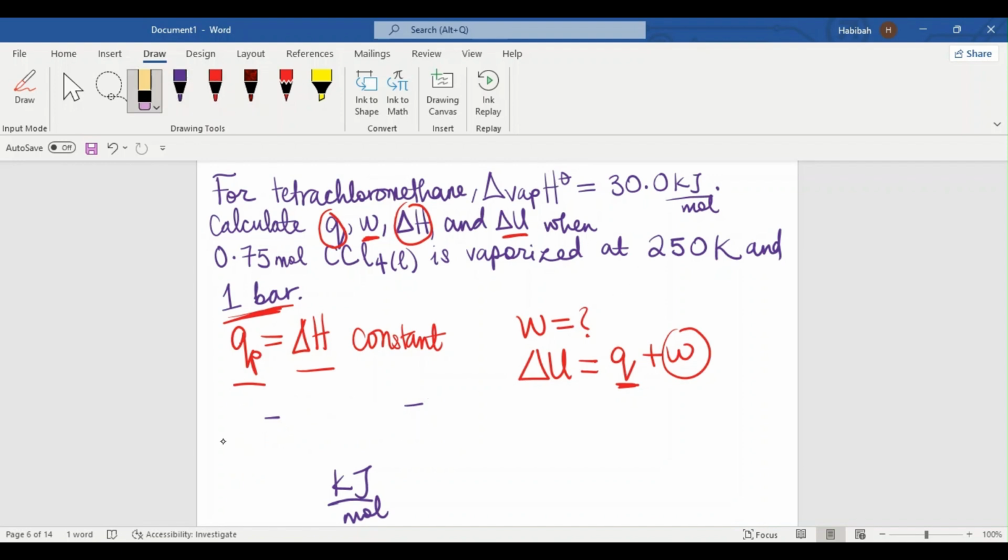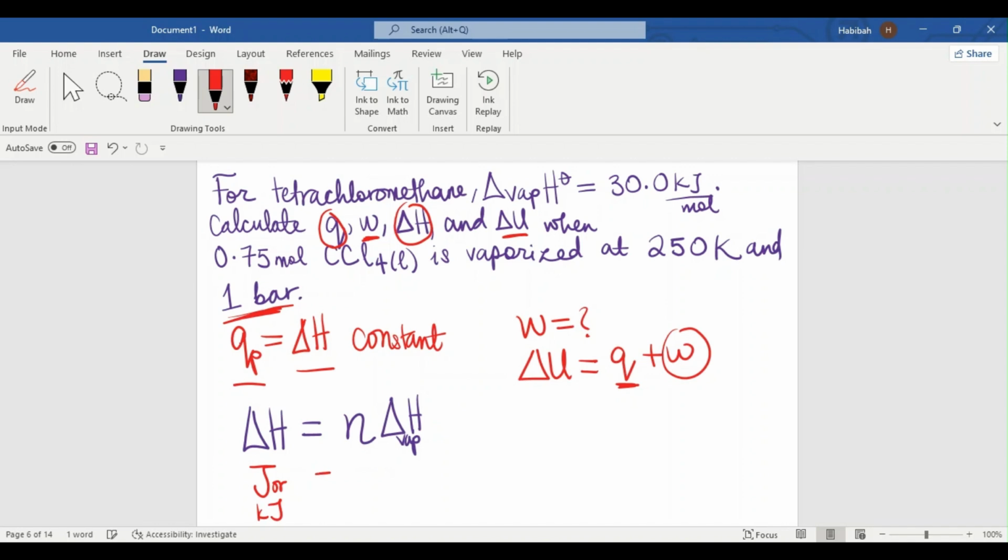I'm just going to write out the equation, and I'm only breaking this down because I don't want people to be confused, wondering how we went from here to here. The change in enthalpy is equal to the number of moles times the change in enthalpy of vaporization. Because if you remember, the unit for change in enthalpy is joules or kilojoules, and the unit for change in enthalpy of vaporization is kilojoule per mole.